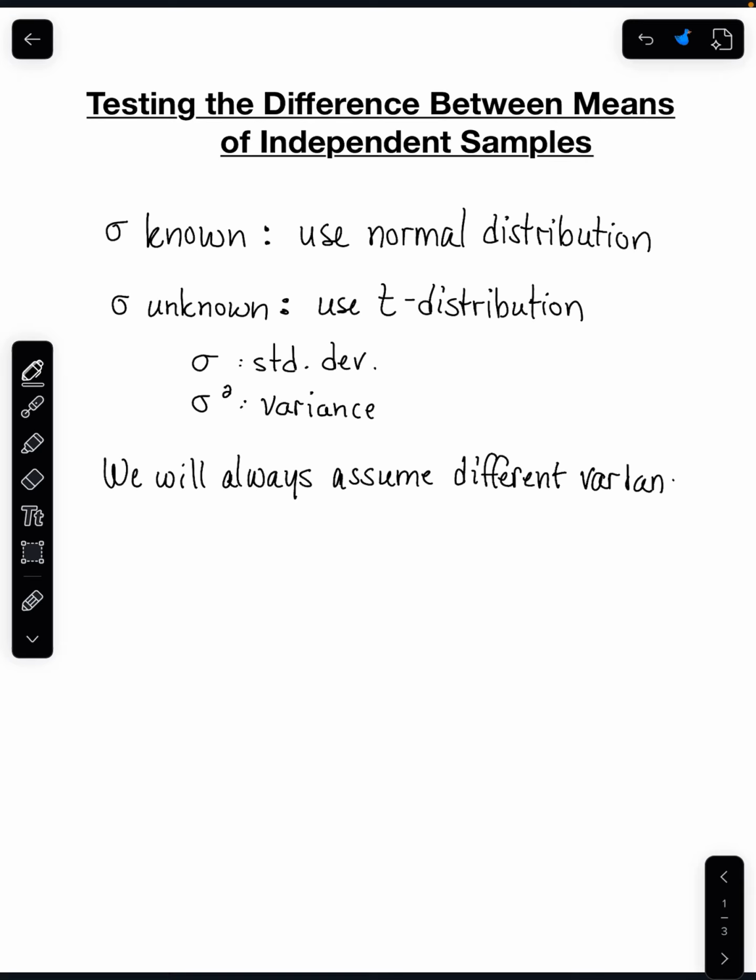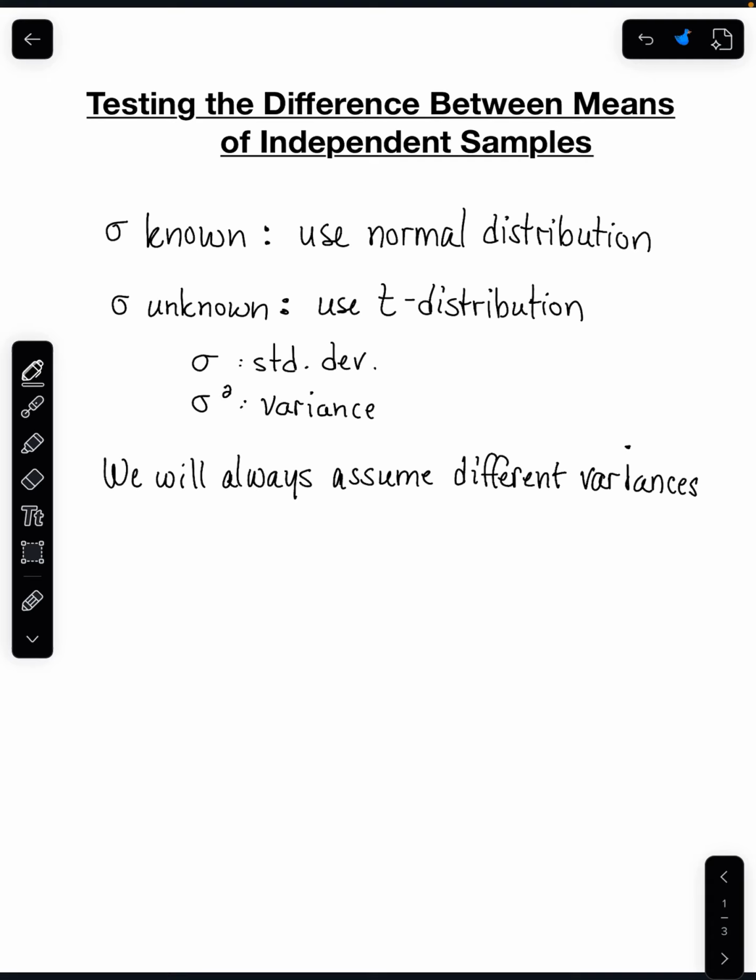Now, if we assume that, then we are therefore assuming that they do have different standard deviations. And that is enough to allow us to define the t-distribution as we need it.